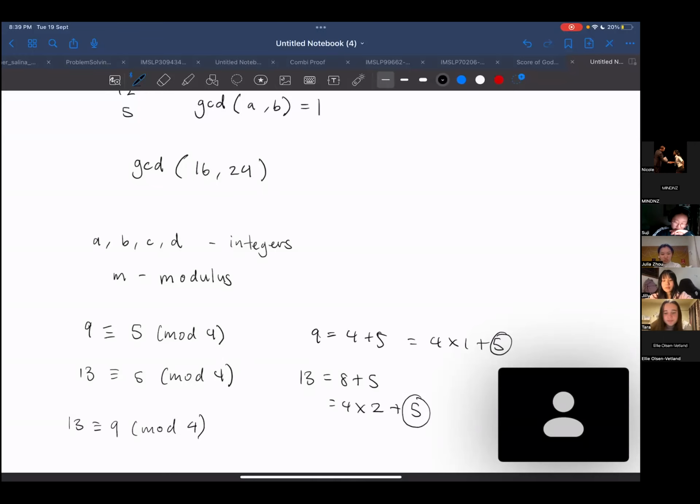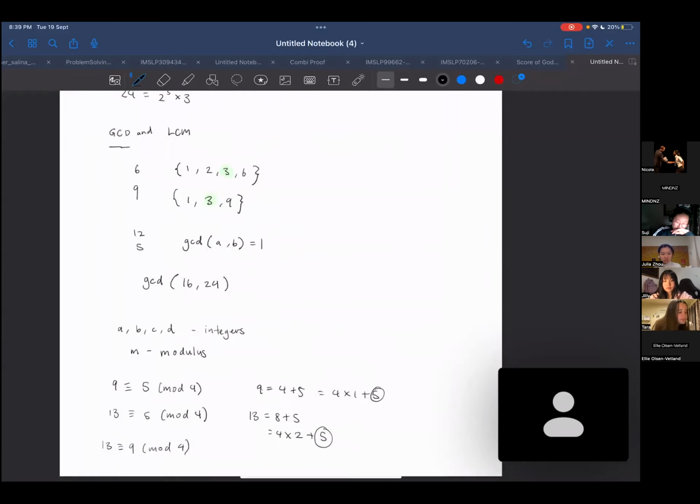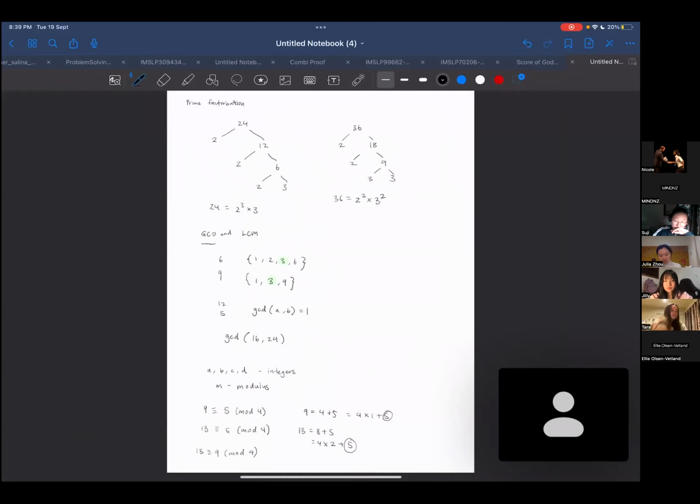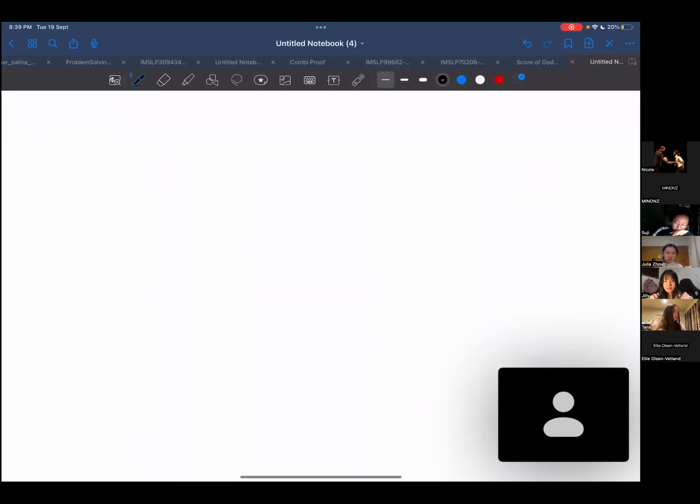Okay, awesome. I'll just give another example then. Don't have that much space anymore. Let's say 17 is congruent to 7 mod 5.